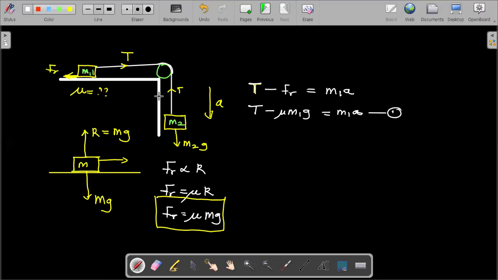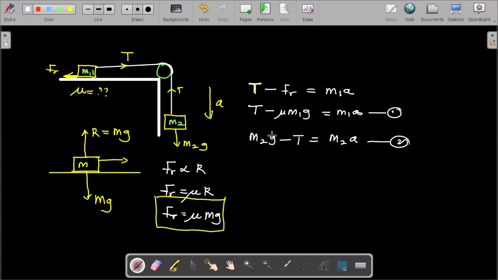Then the second equation: around the second mass, we see that the downward force, that's M2G minus the tension, is going to be equal to the equivalent force, which is M2 times acceleration. We can call that one equation 2. So the same thing we did in the second case, we can also do in this third case.